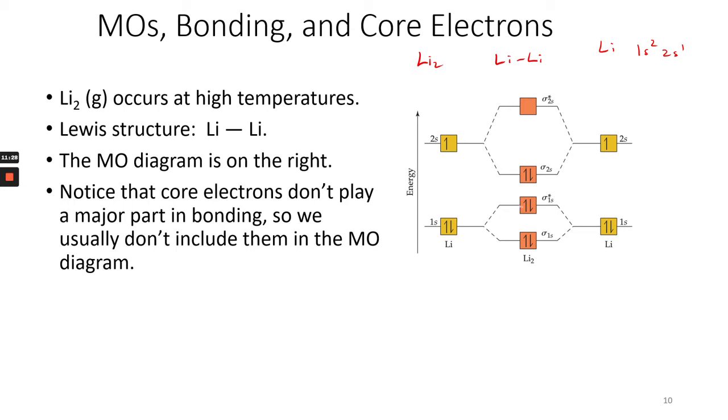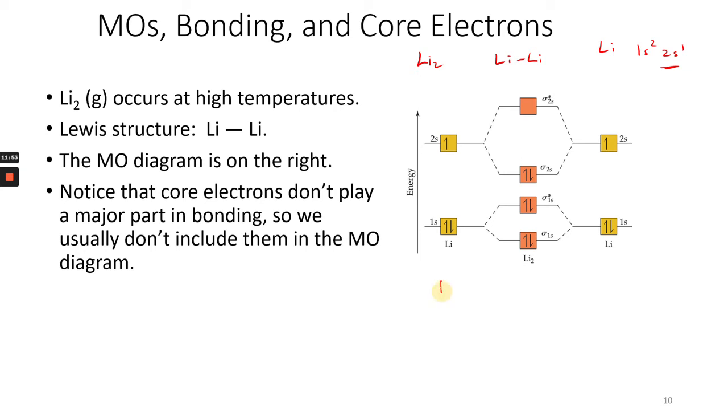We fill our molecular orbitals, our sigma 1s, and our antibonding sigma 1s. But now we have this 2s. So we have to write the 2s for lithium, right? And the 2s for this second lithium. They will combine to form a sigma 2s and an antibonding sigma 2s. So then you take 1 from each and you fill it. There's not enough to fill here.